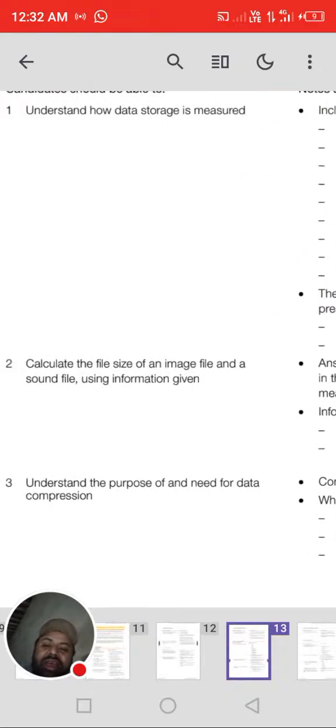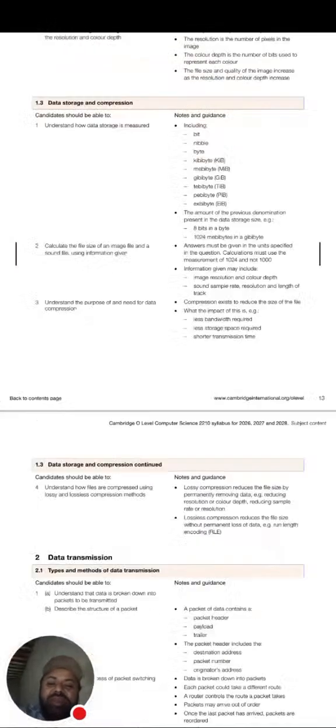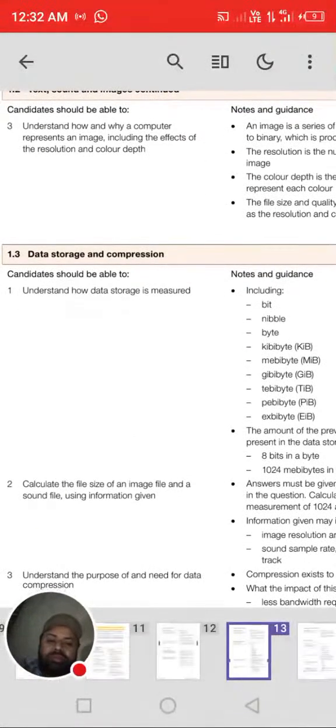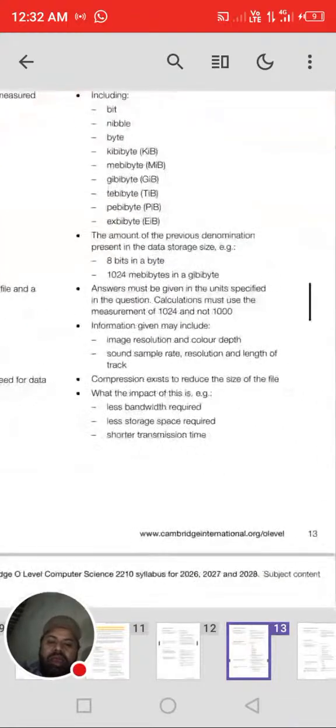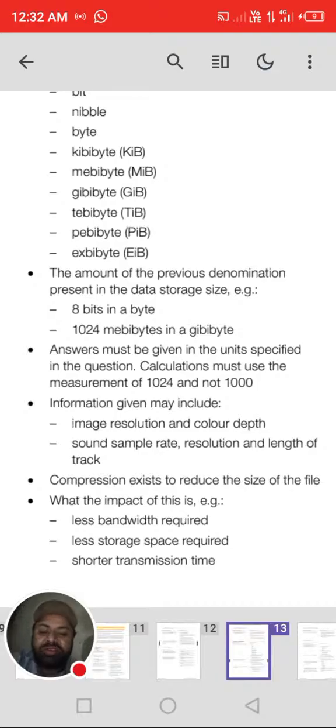Then you must be able to calculate the file size of an image file and a sound file using the information given. The answer must be given in the units specified in the question. Calculations must use 1024, not 1000.